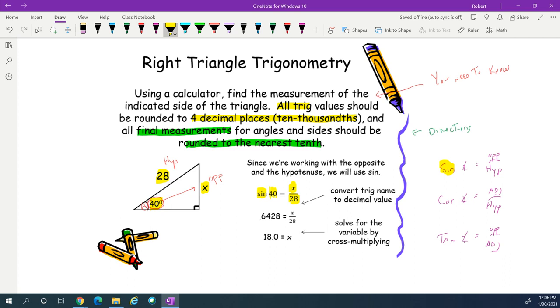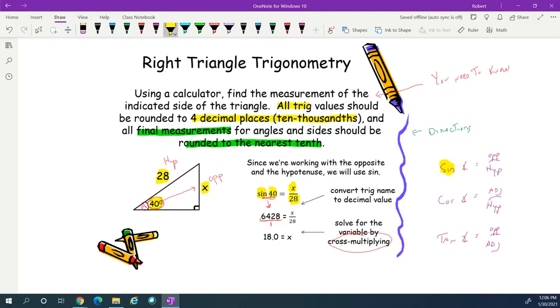Now we're going to grab that calculator. And all we're doing is converting the sine 40 into a decimal. I got 0.6428. And now we're cross multiplying. Put that decimal over a 1 and cross multiply. And since our direction said round to the 10th, I got 18.0.